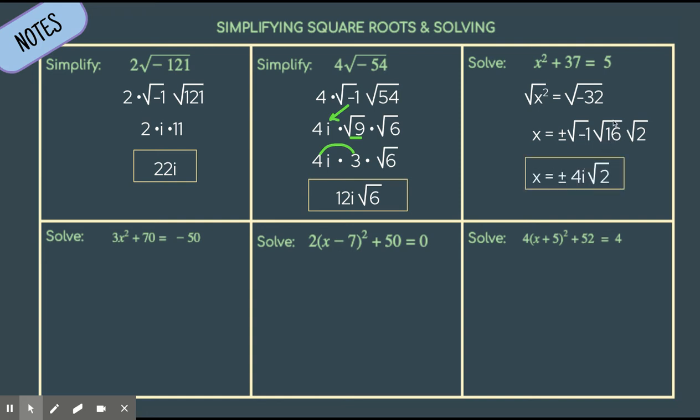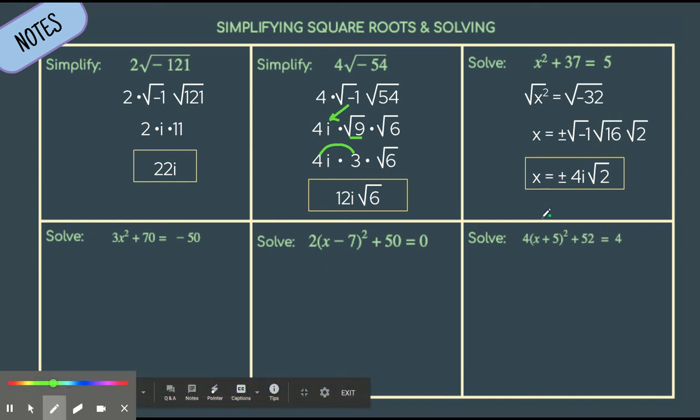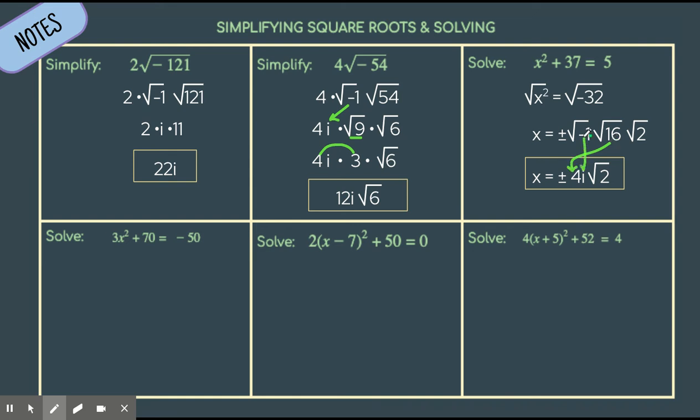The square root of 16 is actually 4, so that's what becomes the 4 outside. And then you have the i, and the 2 didn't have a square root, so it's just tagging along at the end.